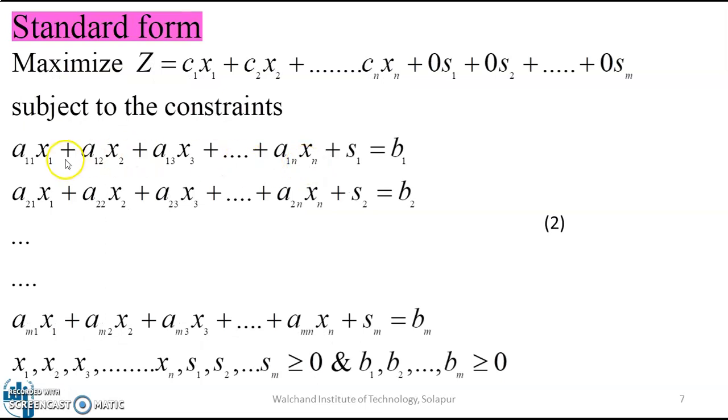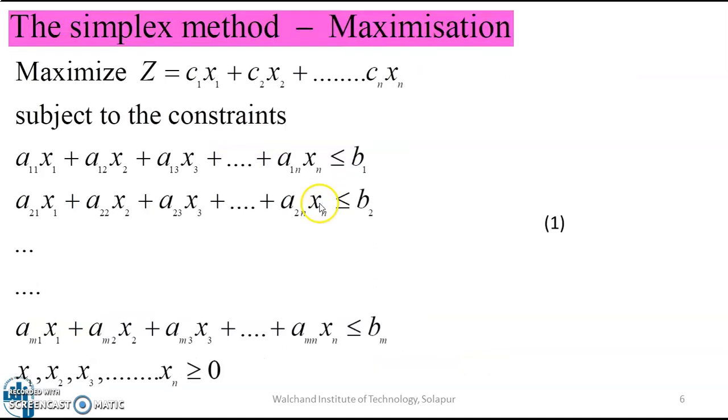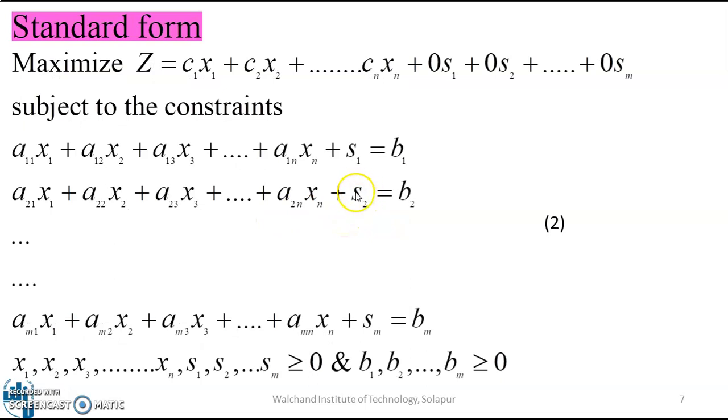For the first inequality, let us add the slack variable S1 so that we get equality. In the second constraint, we add a new slack variable S2 so that we get the equality, and so on.